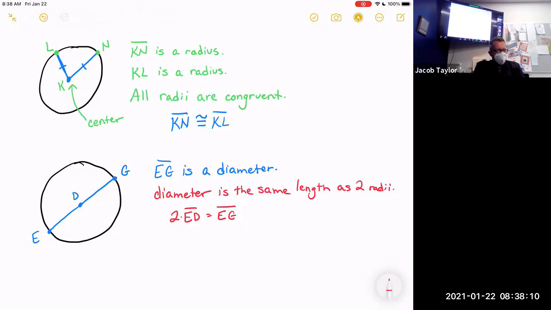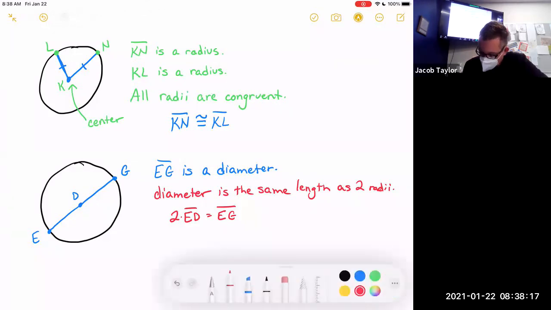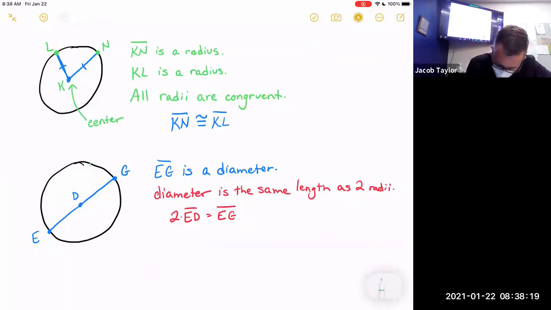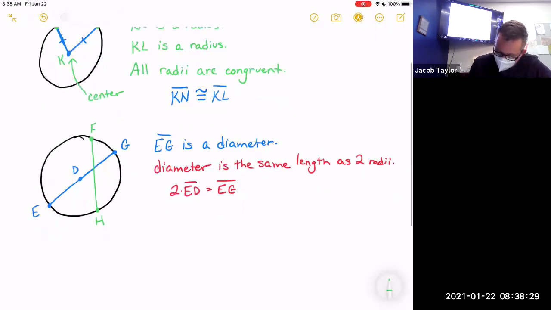What if I have a line that does not go through the center, but does go from one side to the other? For example, something like this. That's just called wrong. It's not called wrong. It's just called a weird line that shouldn't have been there in the first place.